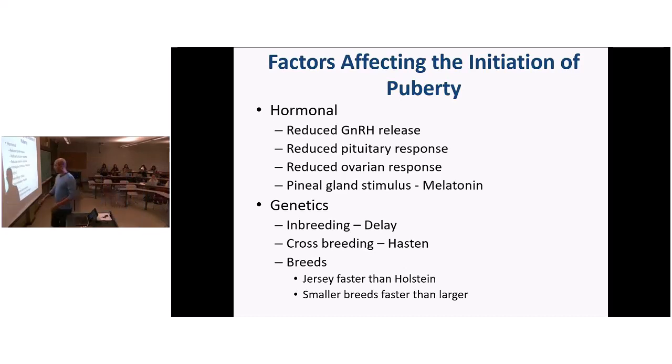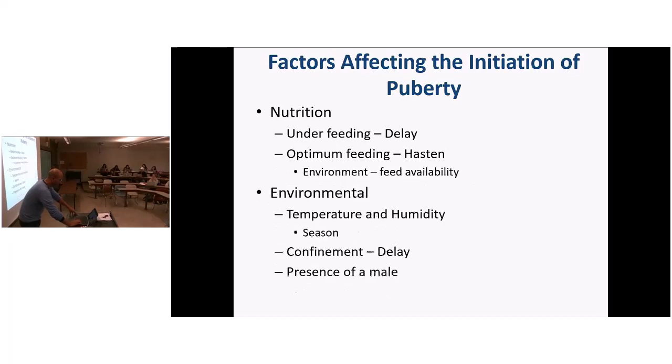So breed, genetics, crossbreeding in general, in most of the species will tend to make puberty go a little faster. But we won't touch much of that here. Environmental temperature, I said about nutrition. Temperature and humidity have a lot to do with it, in the same way as confinement or presence of a male.